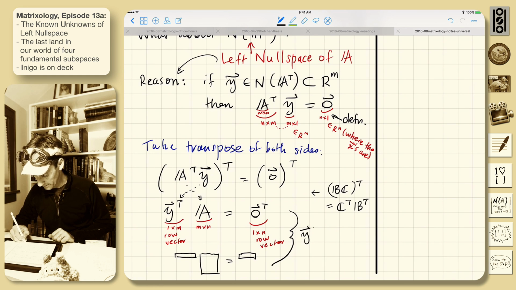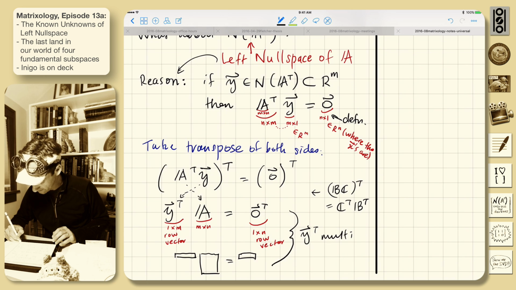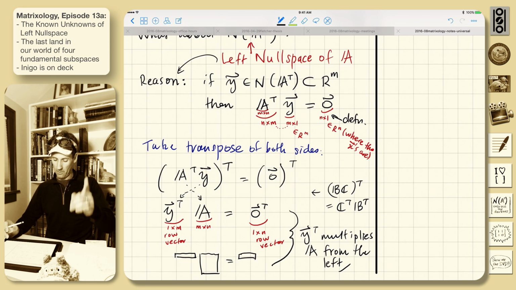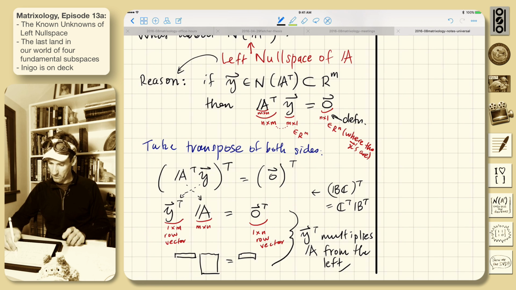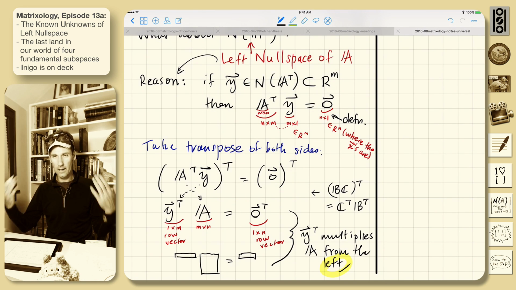It's an algebraic thing: y multiplies A from the left. Very confusing, lefts and rights, and where we're facing, right? So from the left. Oof. Yep. So that's why we're going to say that y lives in the left null space of A.